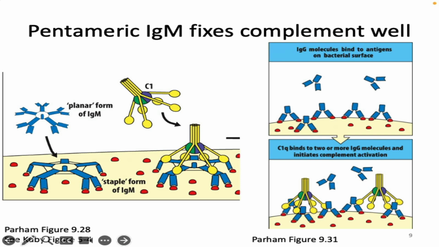And so, yeah, other antibodies could turn on C1 if they happen to bind at just the right angles. But IgM has the perfect structure to bind C1. And so IgM, particularly pentameric IgM, is perfect for starting the classical pathway of complement. So those are the fun facts about IgM.